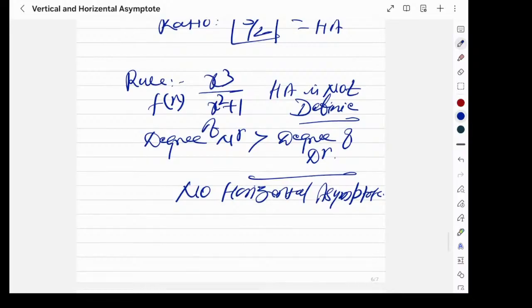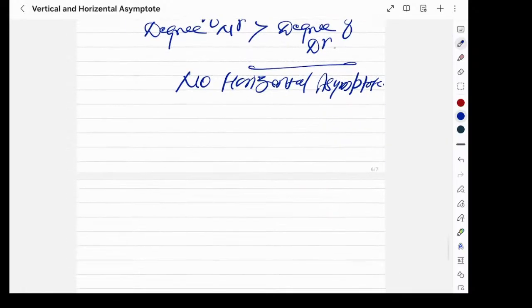How can we find the vertical asymptote and horizontal asymptote? This is too easy, and we have discussed so many examples now.